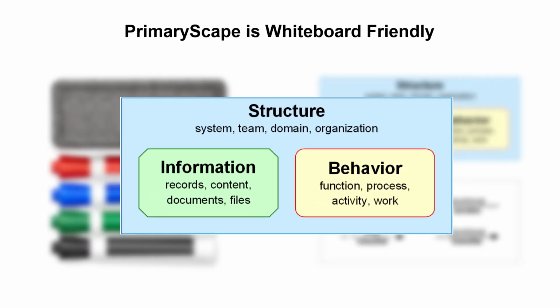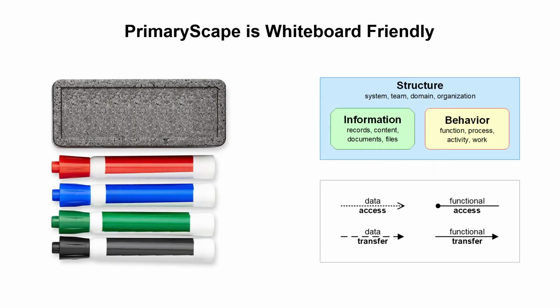You can also draw PrimaryScape diagrams with just a black marker because all the shapes are uniquely identifiable by their shapes alone. Blue structures have sharp corners. Green information has cutoff corners. Yellow-red behavior has rounded corners. The unique shapes also mean you can print PrimaryScape diagrams in black and white and still be able to differentiate the shapes.